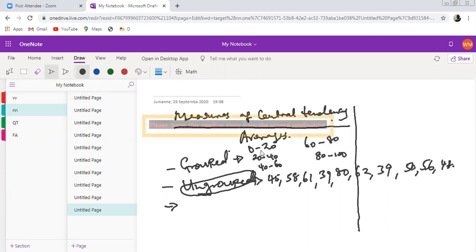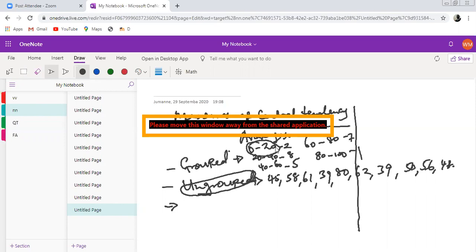And say maybe from 0 to 20, I had 2 students. 20 to 40 marks, I had maybe 8 students. This one I had 5, this one I had 7, and this one I had only 1. When I have the information organized into classes from here up to here, that is called the grouped data.